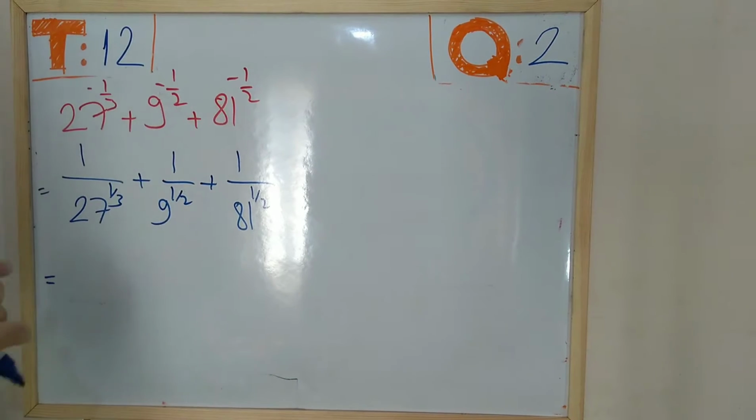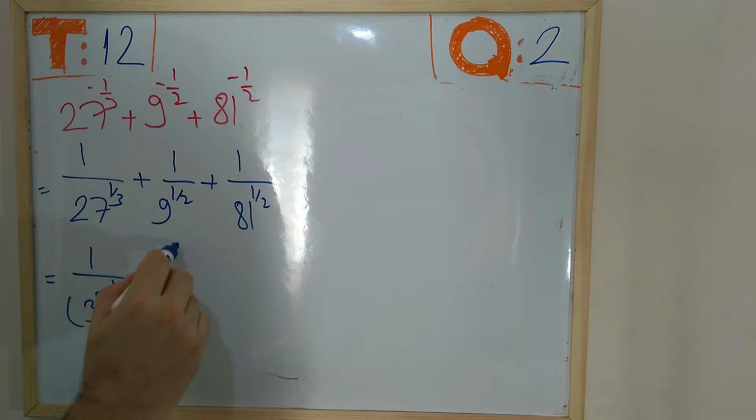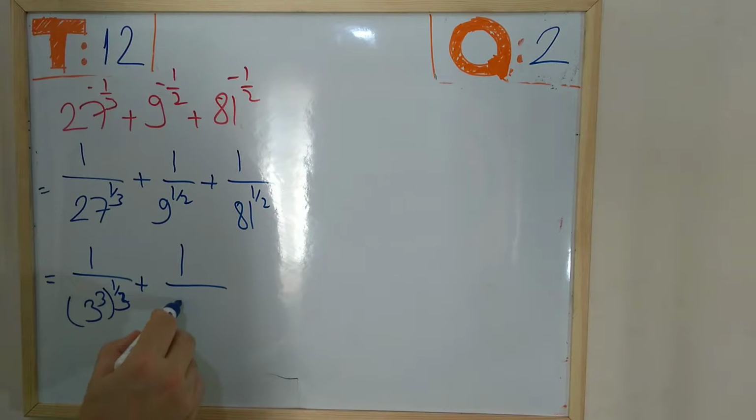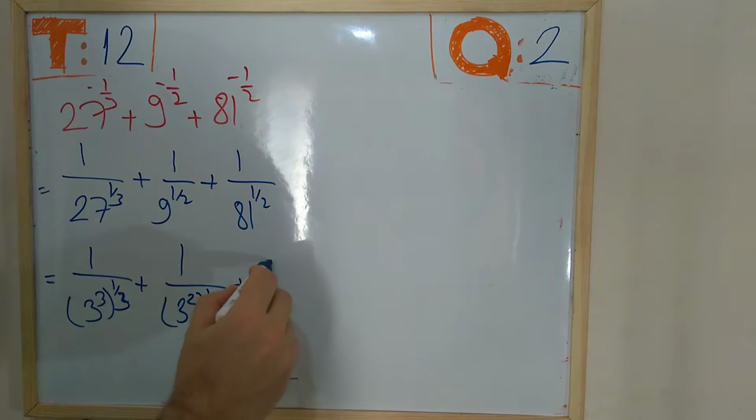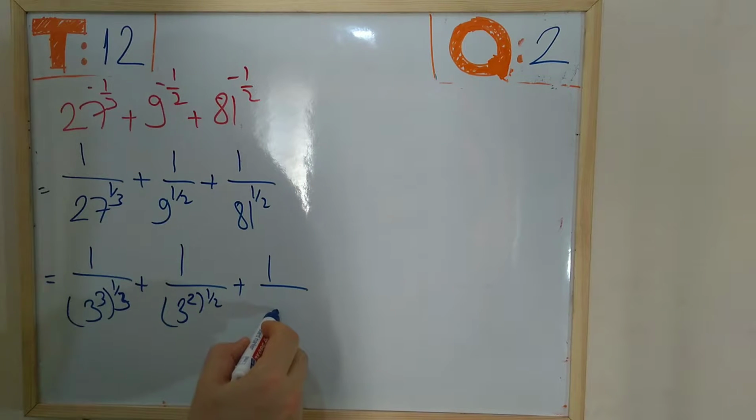And we already know that 27 is equal to 3 to the power of 3, so we can say that this is equal to 3 cubed to the power of 1 over 3, plus 9 is equal to 3 squared to the power of 1 over 2, plus 81 is equal to 9 squared, so 9 squared to the power of 1 over 2.